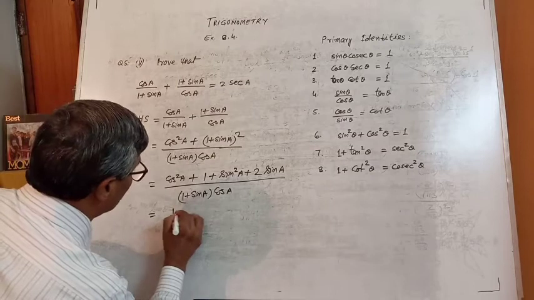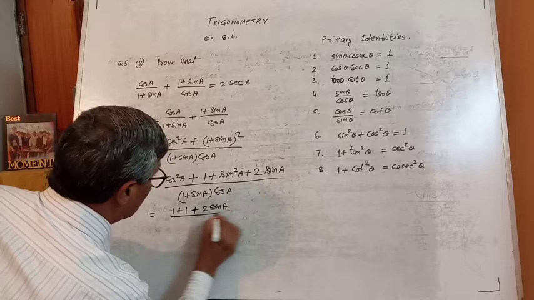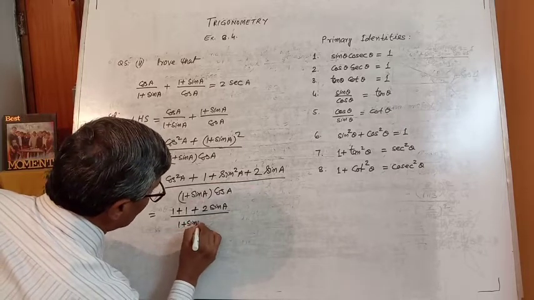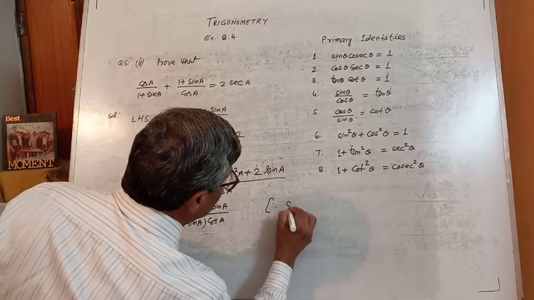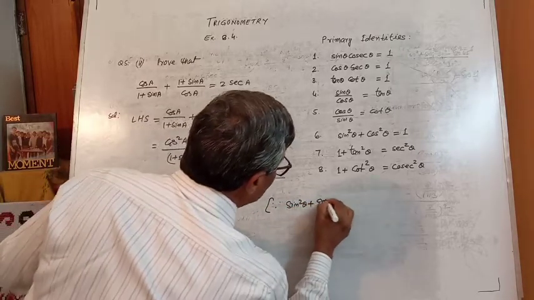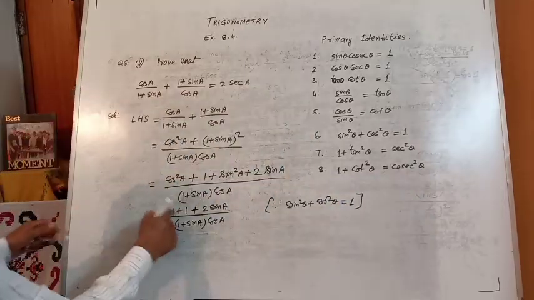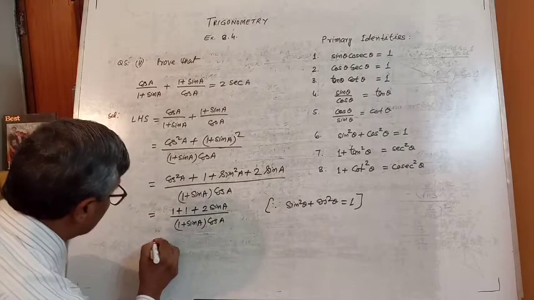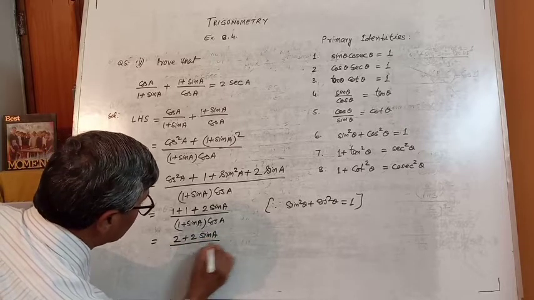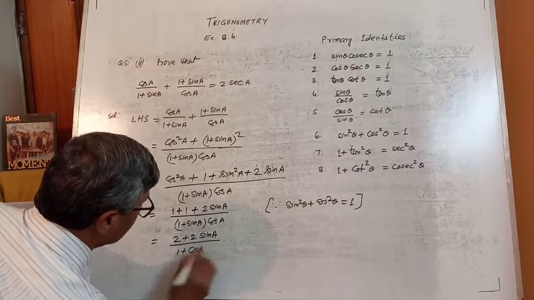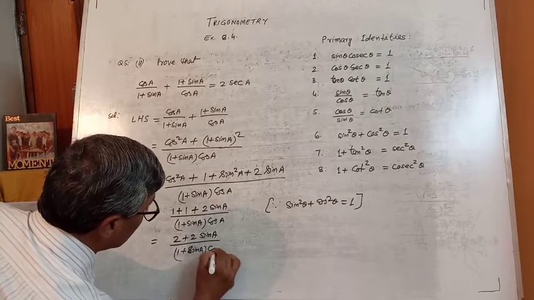So we can write 1 plus 1 plus 2 sin A, and the denominator as it is, (1 plus sin A) into cos A. This is 2 plus 2 sin A divided by (1 plus sin A) into cos A.